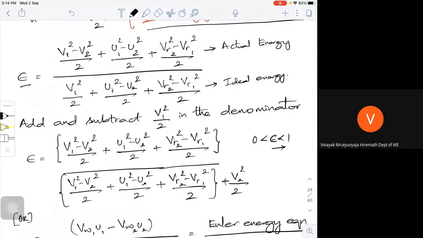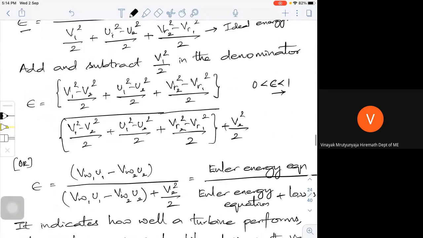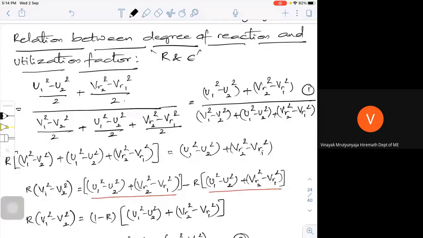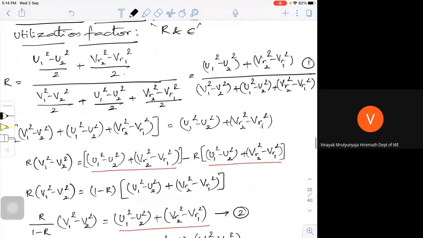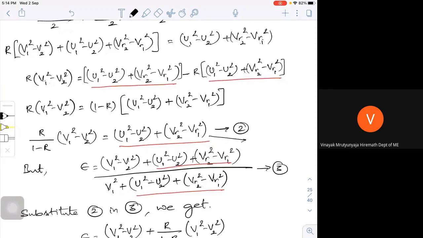Now, we will do this derivation. There is a relationship between the degree of reaction and the utilization factor. This is a simple derivation. If I write the expression for R and simplify it, most of the steps are self-explanatory. If I look at this component, this is your static energy.